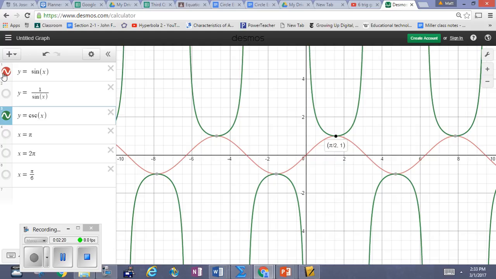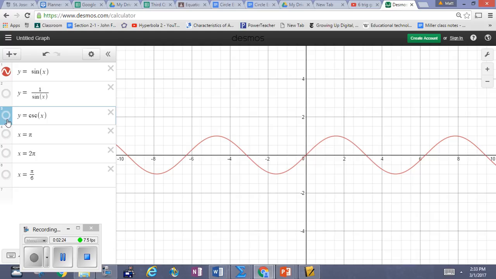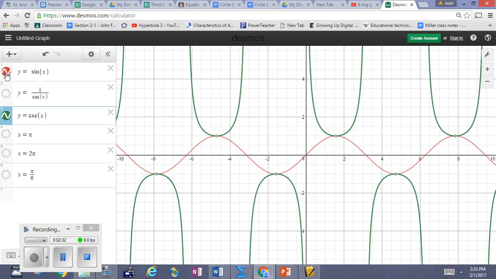But as we can see, the graph of the sine, of course, has a range from negative 1 to 1. The graph of the cosecant has a range of everything except from 1 to negative 1. So we would say the range of the cosecant is from negative infinity up to negative 1, and from 1 on up to infinity.